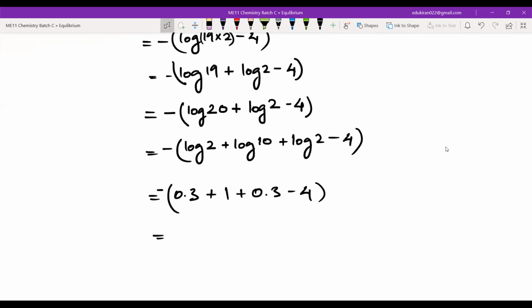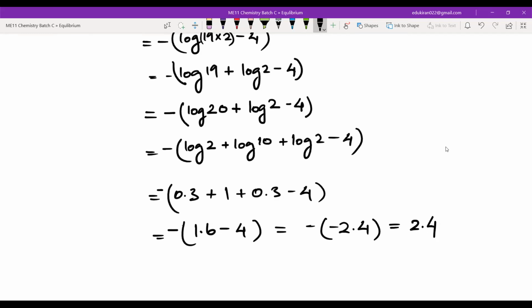This will be equal to 1.6 minus 4, minus of 1.6 minus 4. And what will this be equal to? 2.4, right? Minus minus 2.4, so this will be equal to 2.4.